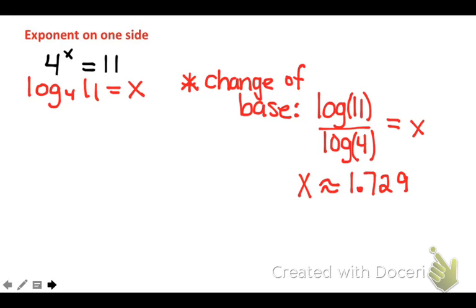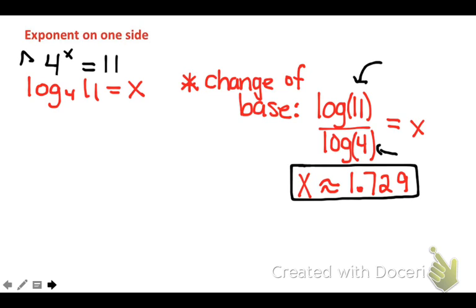When we use our change of base formula, recall that the 11 goes in the numerator, the base value goes in the denominator, and it should come out to approximately 1.729.